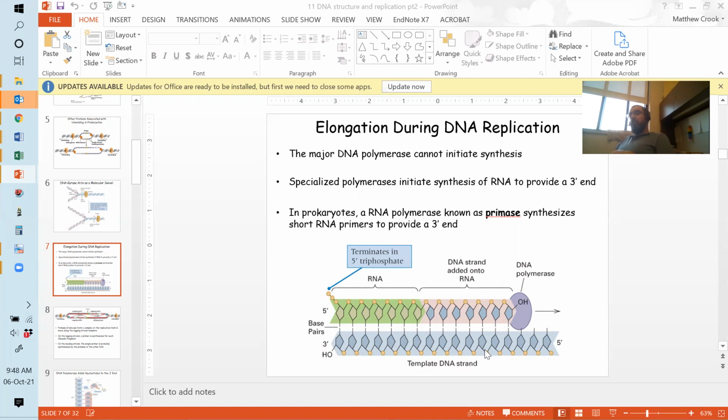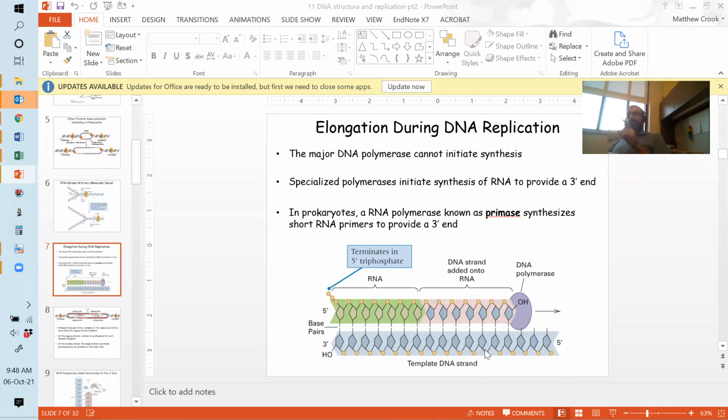Do you just need to make one primer for both? Or is there a difference in how many primers are needed for the leading strand versus the lagging strand? No, there's going to be a difference, right?